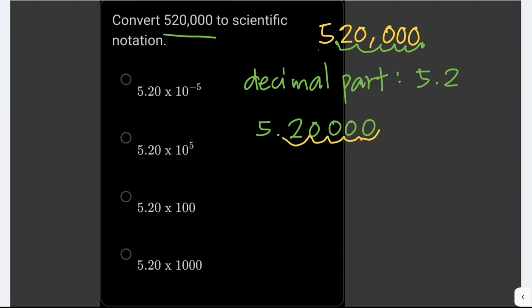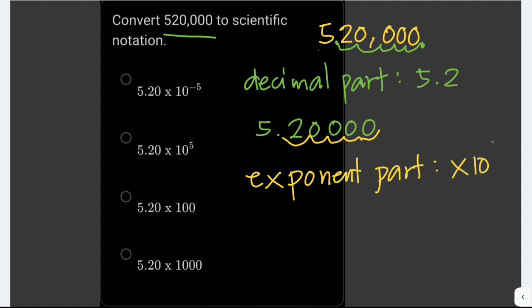So we moved it to the left 5 places. And as I discussed a while ago, when we move the decimal point n places to the left, the exponent of 10, or the value of n, would be positive. Therefore, the exponent part of the scientific notation would be times 10 to the 5th.